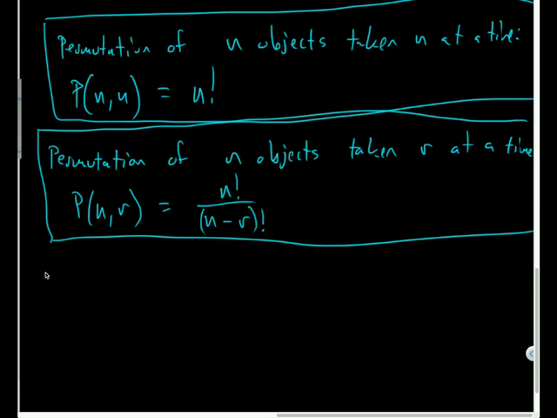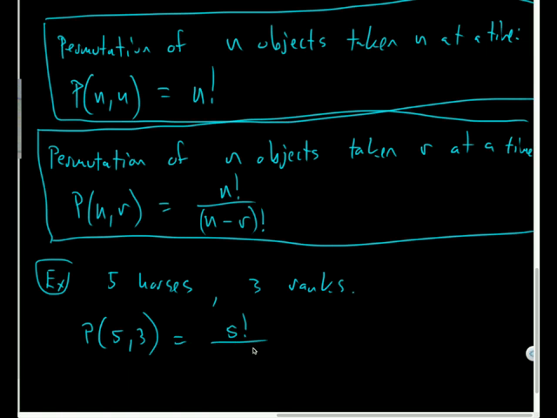But let's consider the example. What if I've got 5 horses in the race and I only have 3 ranks, right? 3 places to give them. The way I could figure this out is the permutation of 5 comma 3, which is 5 factorial over 5 minus 3 all factorial. So that denominator 5 minus 3 is 2, so that's the same as 2 factorial, right?